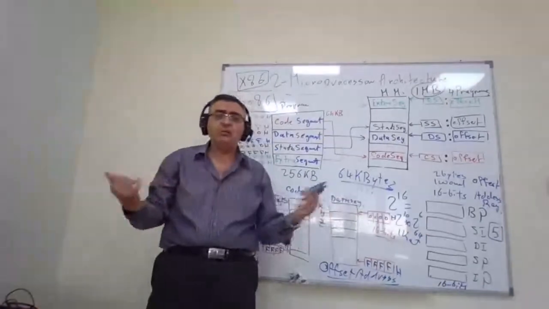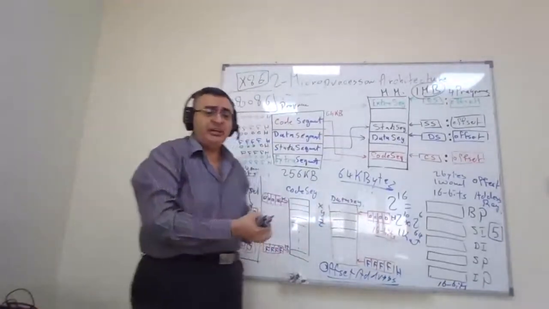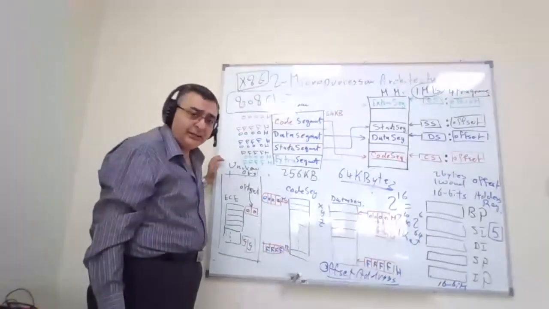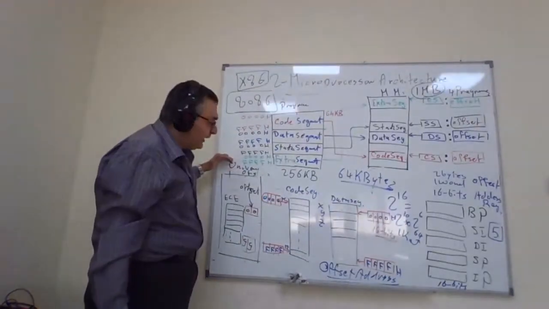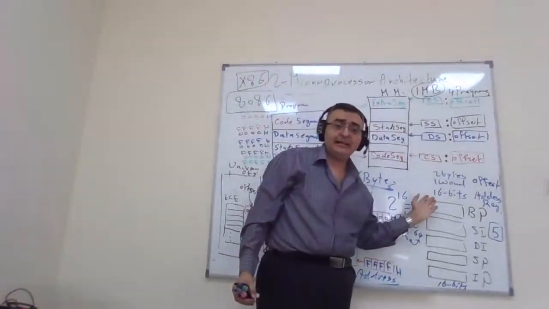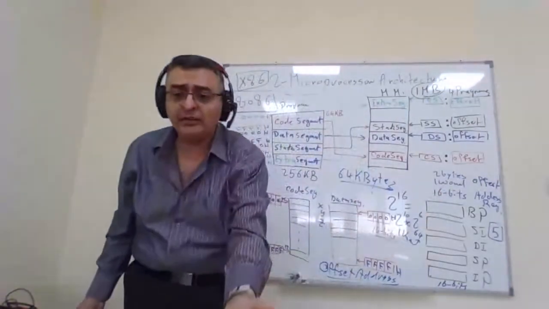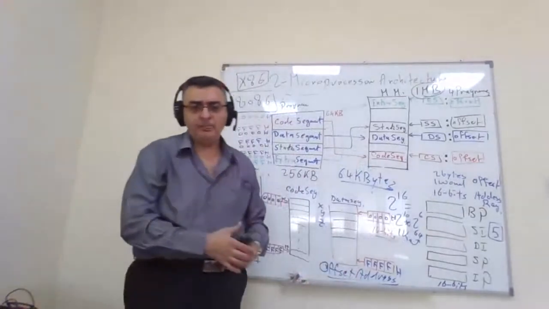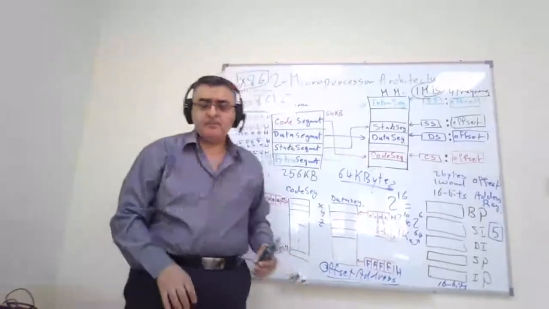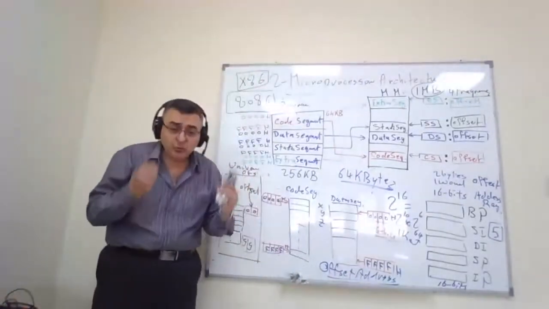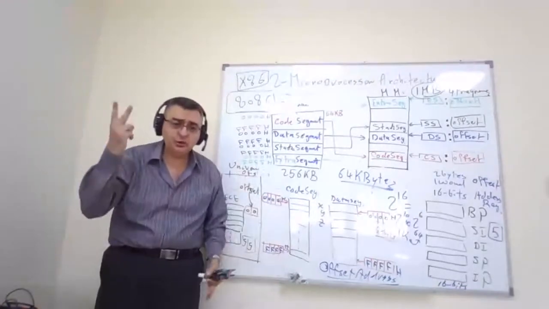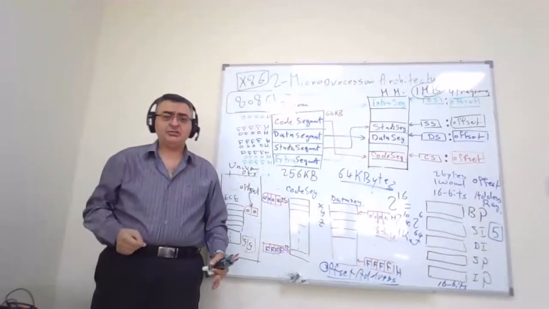The physical address is a combination of two pieces: the piece that you already designed during your code development, which is the offset, and the segment address that is provided to you by the operating system. So that's why we need to deal with the two types of addresses.